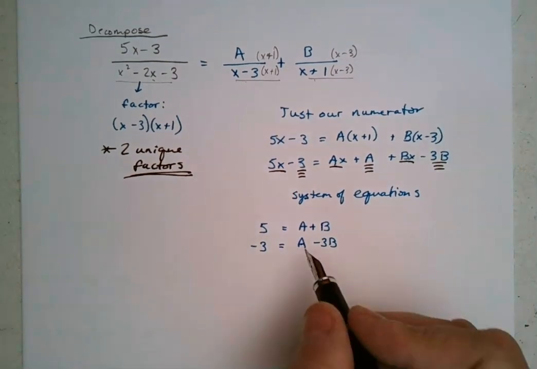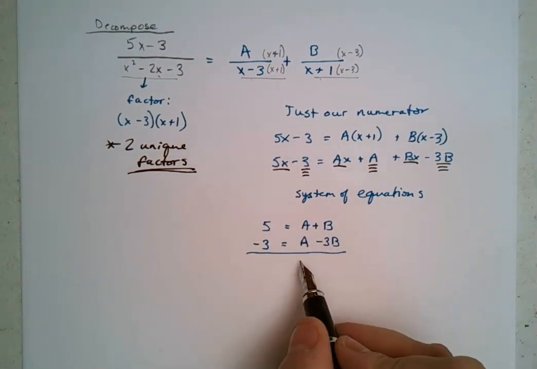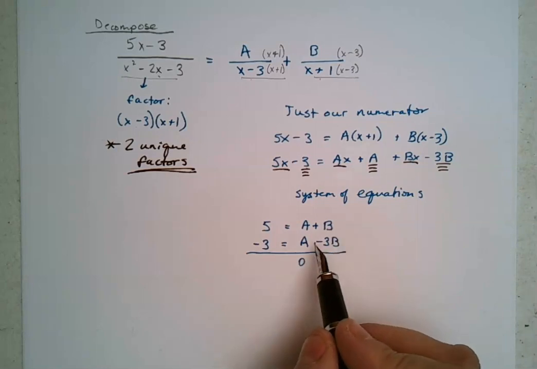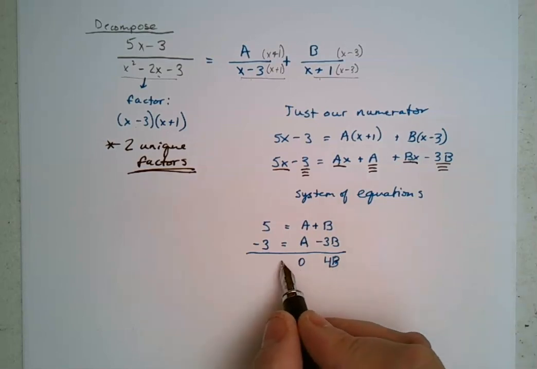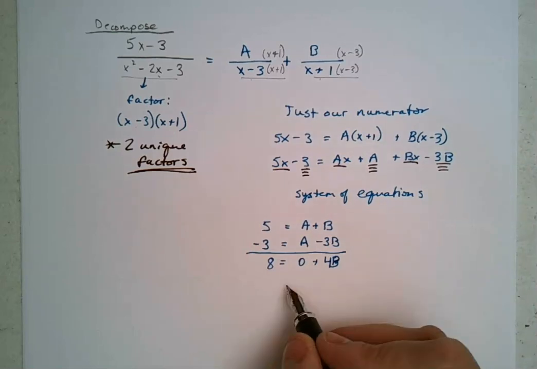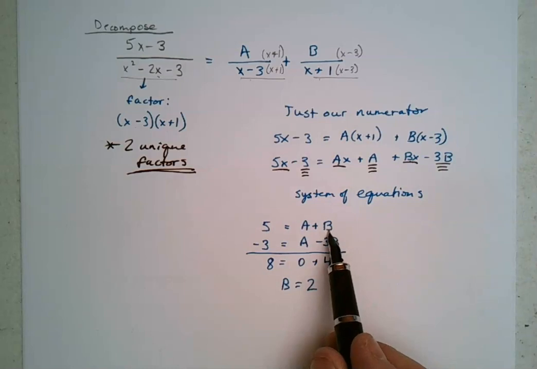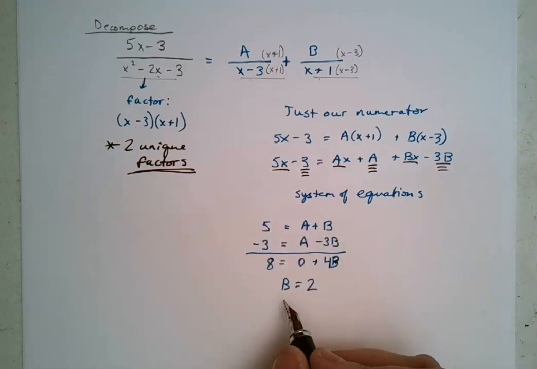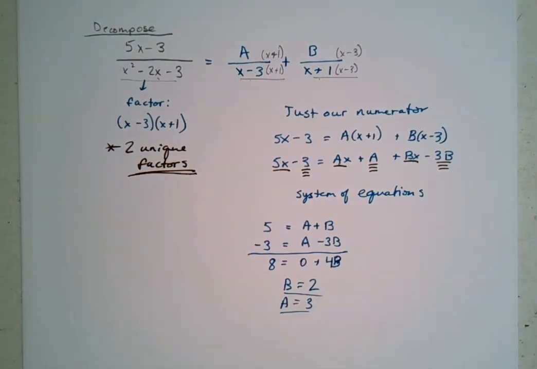Okay? Now I'm going to solve that system of equations. And I'm going to be really lazy in that if I take these two equations and subtract, A minus A gives me 0, and B minus negative 3B gives me 4B, and 5 minus negative 3 gives me 8, and so I get B equals 2. And then if I sub that back in here, if that's 2, that has to be 3 to give me 5. So A is 3. Boom. So now I know A and I know B. So now I have my answer.